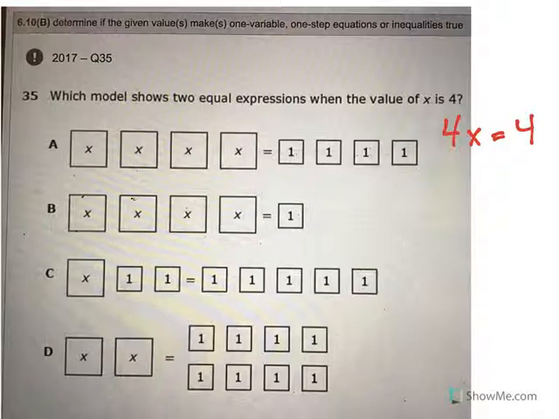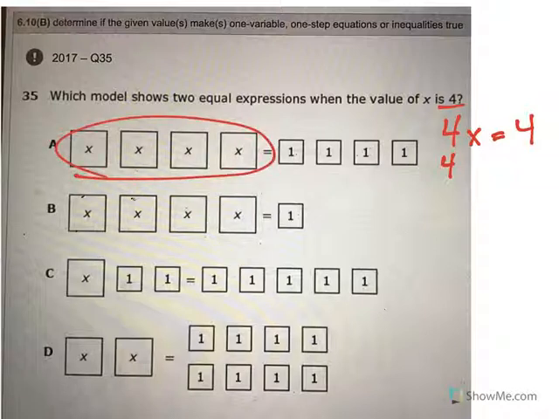Let me backtrack. Why is it 4x? Because it's 4 times x, because I have 4 x's. Now if I substitute a 4 in here, I don't believe 4 times 4 equals 4. 4 times 4 is 16. 16 doesn't equal 4, so it couldn't be A.